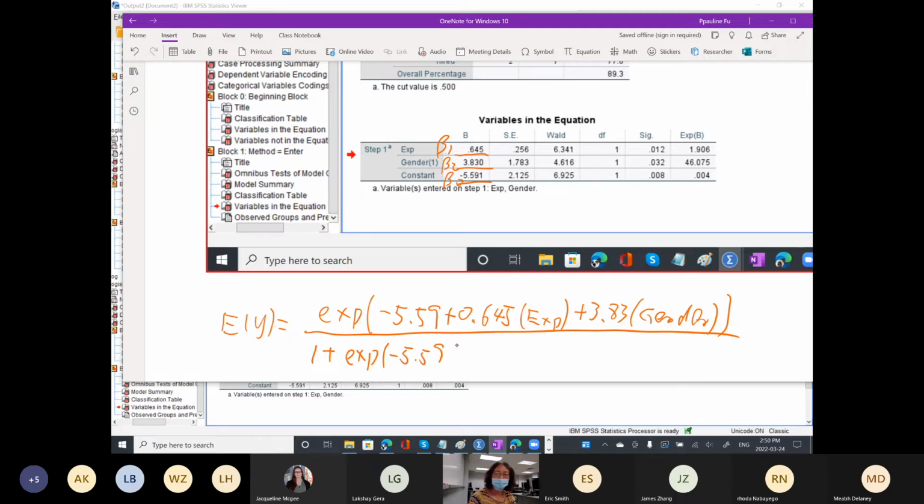Copy down this number again. This is my equation, the regression equation, the logistic regression equation.